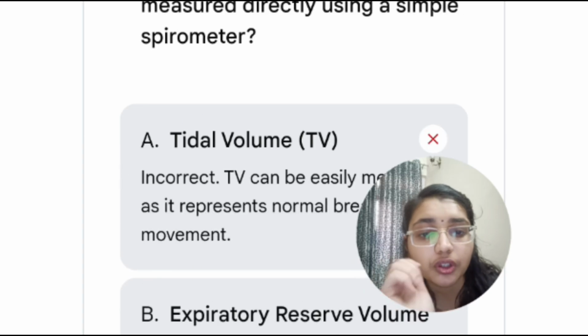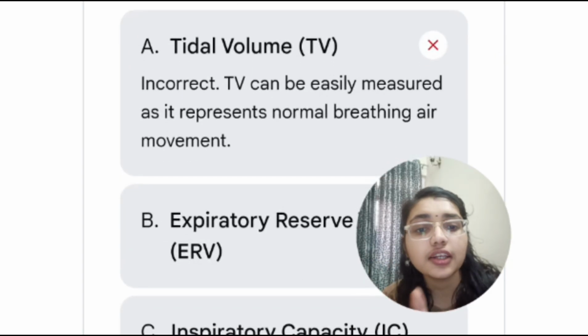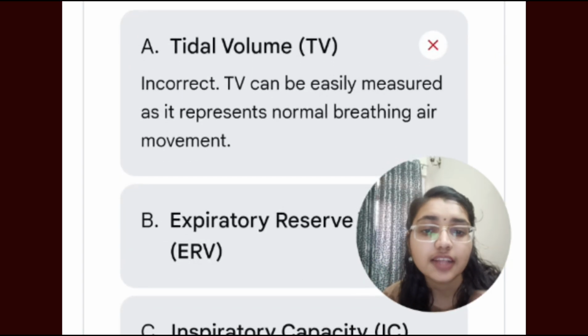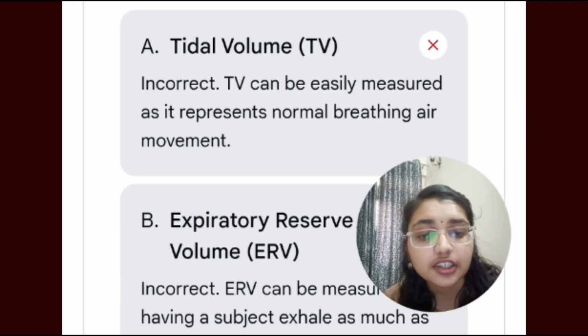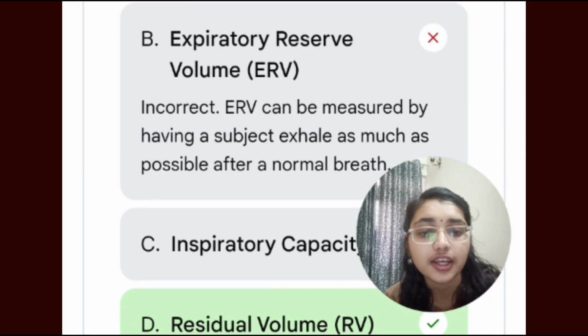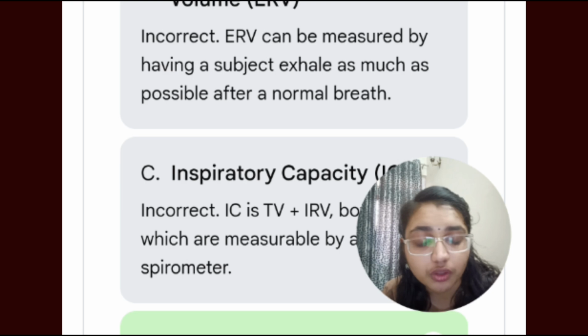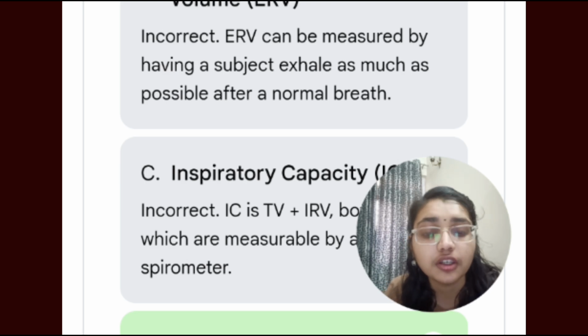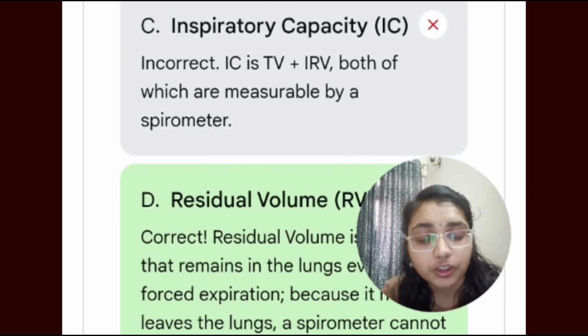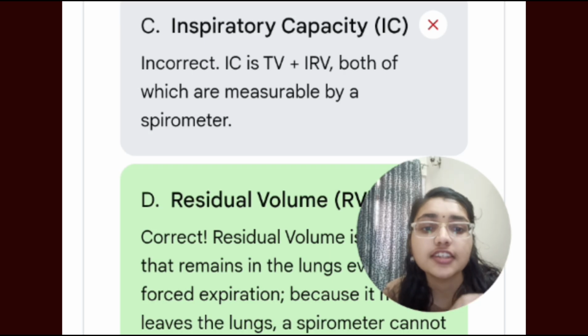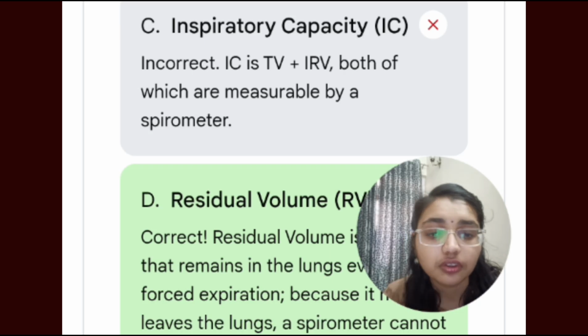Because tidal volume, TV, can be easily measured as it represents normal breathing air movement, whereas expiratory reserve volume can be measured by exhaling as much as possible after normal breathing, whereas inspiratory capacity, we know it has a formula, that is TV plus IRV, both of which are measurable by the spirometer. Inspiratory capacity is measured by the spirometer.